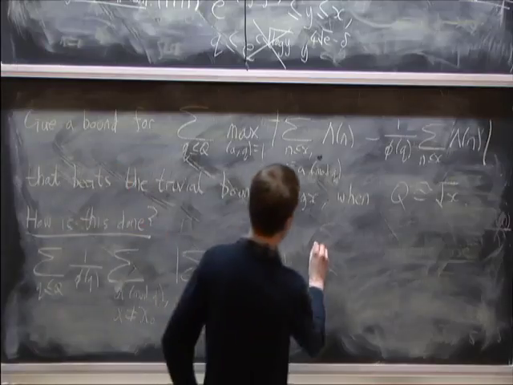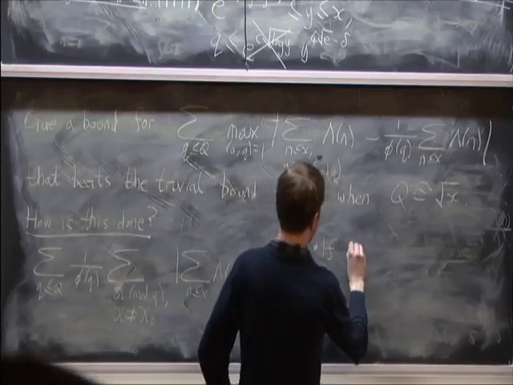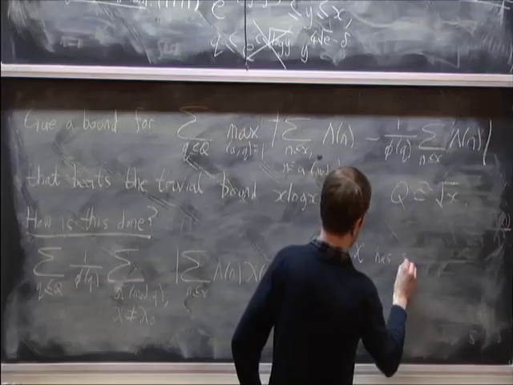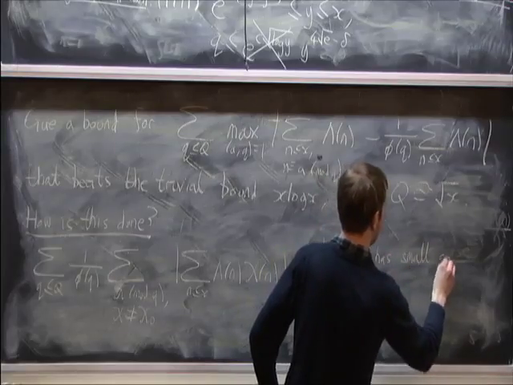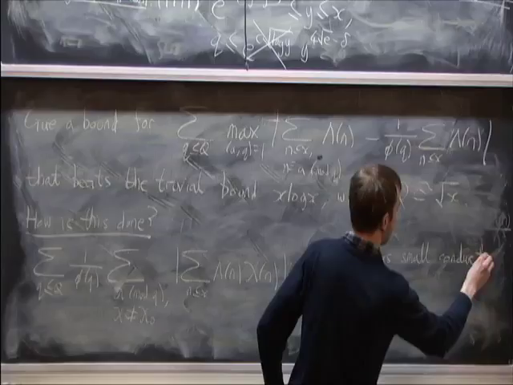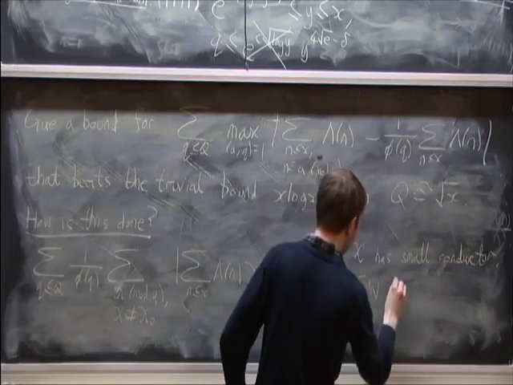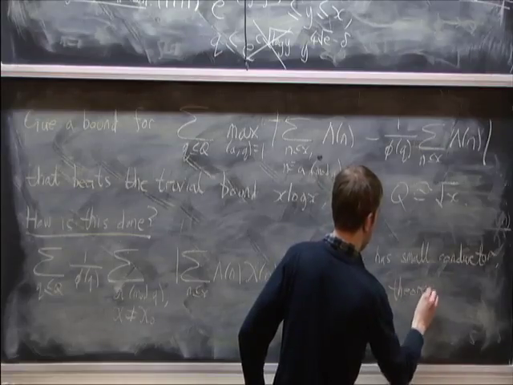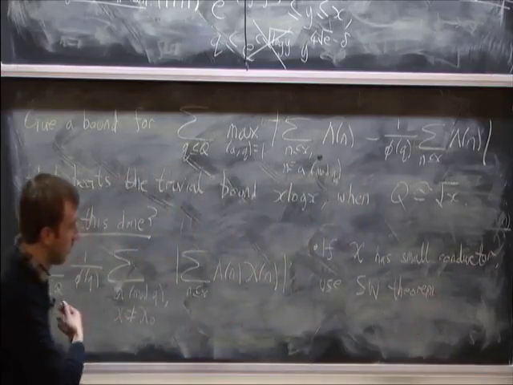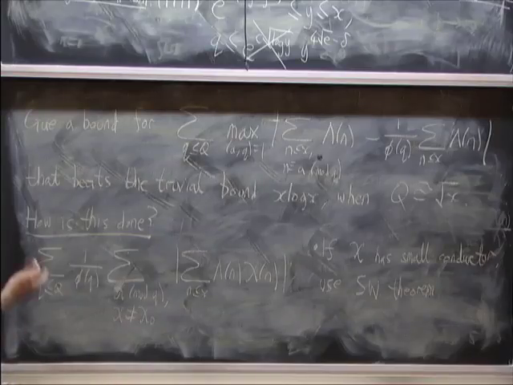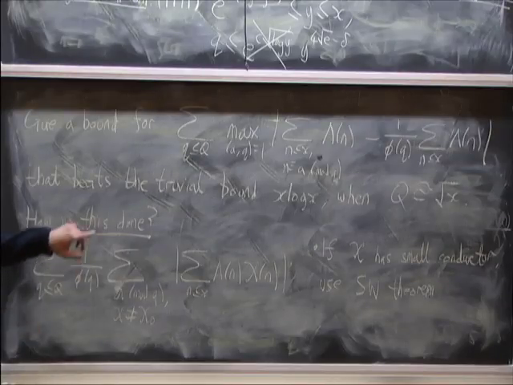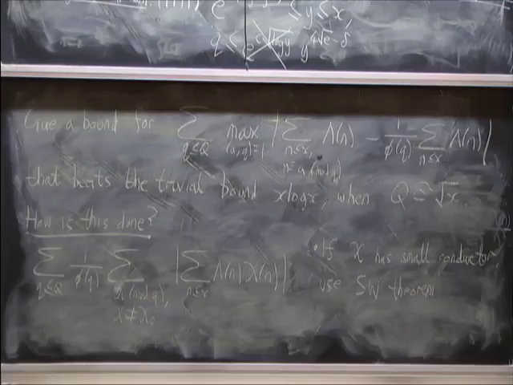And then, if chi has small conductor, then you can use the Siegel-Walfisz theorem, the result about primes in progressions to small moduli, which was proved by bounding character sums like this. So then what are we going to do with characters of large conductor? And they get quite large, they get up to square root x, maybe. And there are kind of two approaches to this.